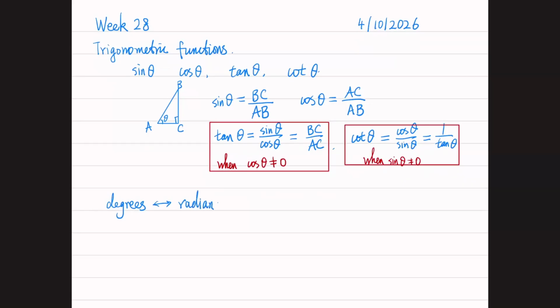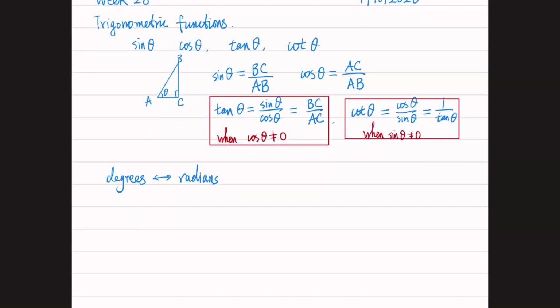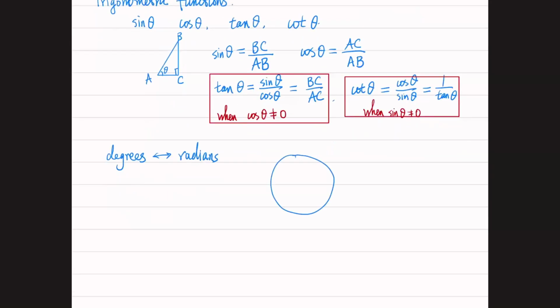We start with the whole circle. The whole circle in degrees is 360 degrees. And if we have radius 1, the length of this will be 2 pi. So in a certain sense, 360 degrees equals 2 pi.